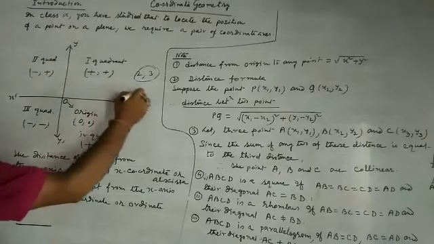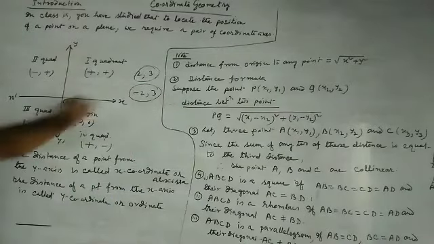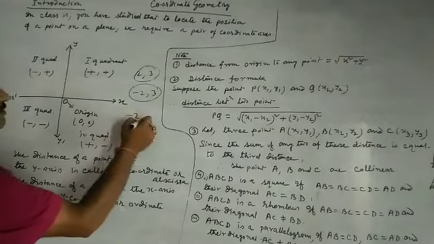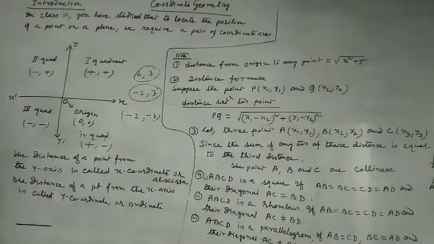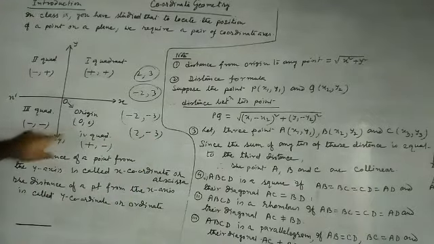In the same way, (-2, 3) is plotted in the second quadrant. (-2, -3) is plotted in the third quadrant. (2, -3) is plotted in the fourth quadrant.